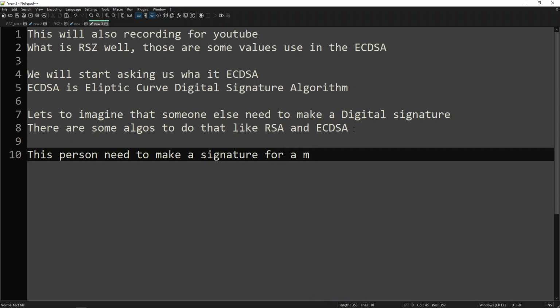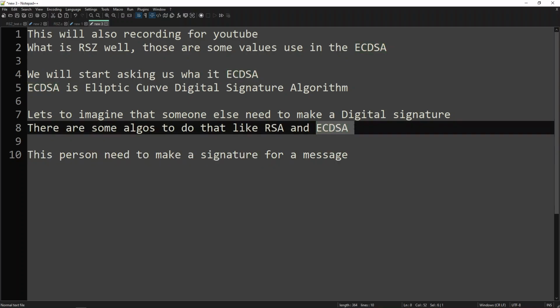Anyway, this person needs to make a signature for a message, and this person uses the ECDSA algorithm to do that.